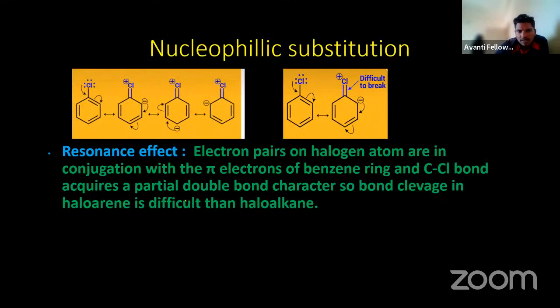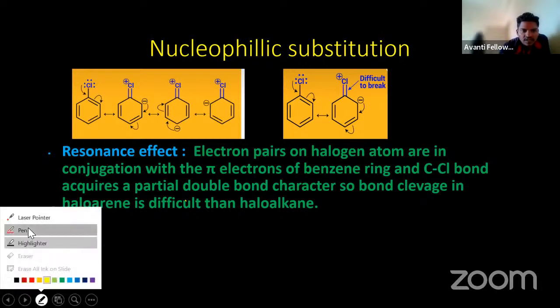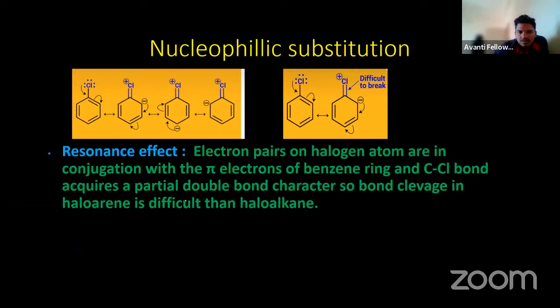Now you can see the nucleophilic substitution is usually less favored. What might be the reason? There might be n reasons. One of the reasons is that chlorine is acting as a plus M group. Sir, what is the meaning of a plus M group?